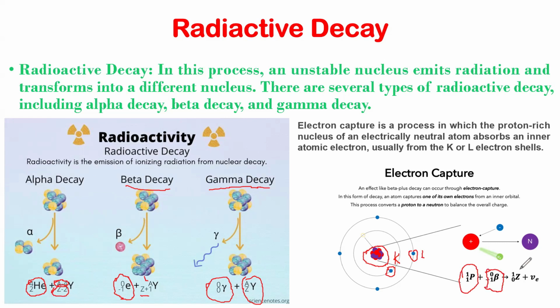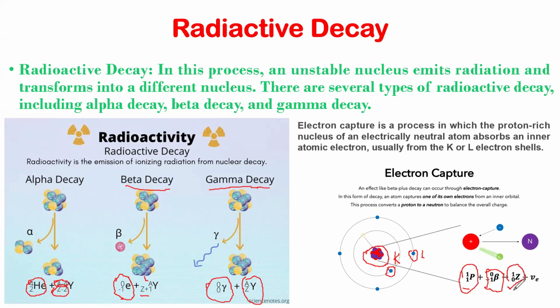So in electron capture, usually electrons are captured by the inner nucleus due to it being highly rich in protons, and usually in this process a proton is converted into a neutron. You see, this is a proton and then it's now converted into a neutron.